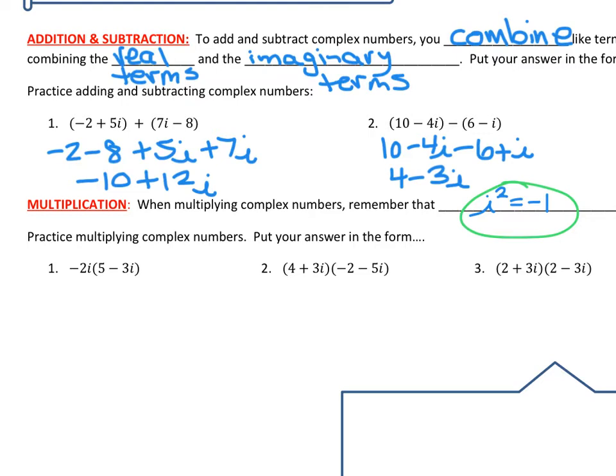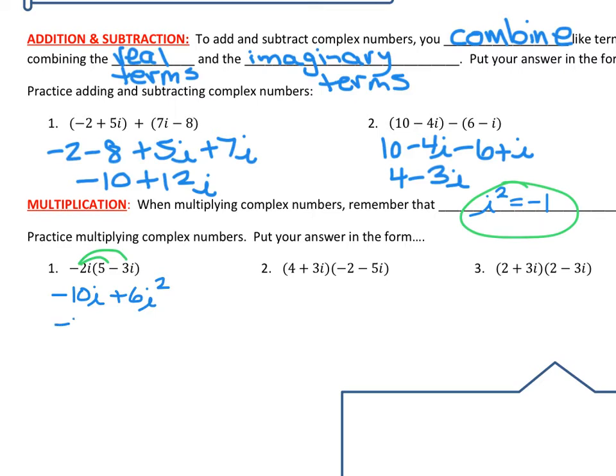Okay, so let's first take a look at negative 2i multiplying the difference of 5 and negative 3i. So we are going to use our distributive property, and the negative 2i is going to get distributed to both terms. So I've got negative 10i, and negative 2i times a negative 3i is going to be a positive 6i squared. i times i would be i squared. And now we're going to substitute that negative 1 in.